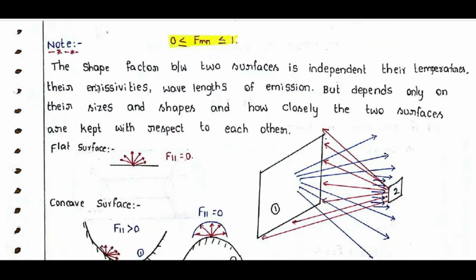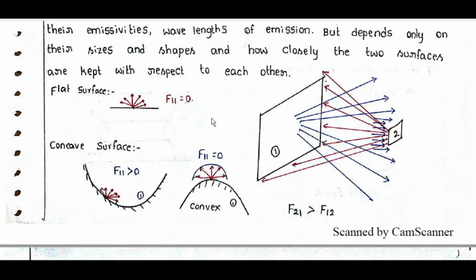Note the shape factor between two surfaces is independent of their temperatures, emissivities and wavelengths of emission, but depends only on their sizes and shapes and how closely the two surfaces are kept with respect to each other. For a flat surface, F11 is equal to 0.